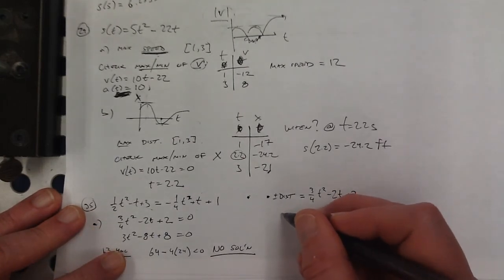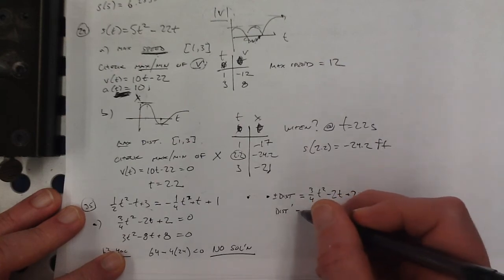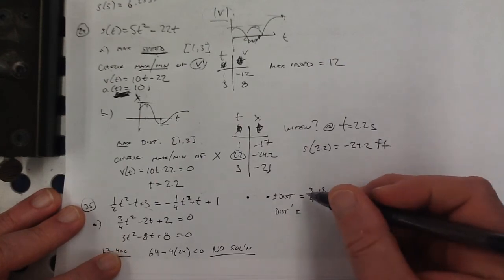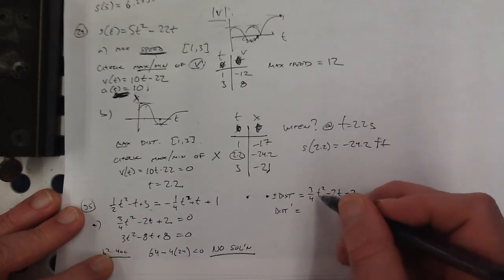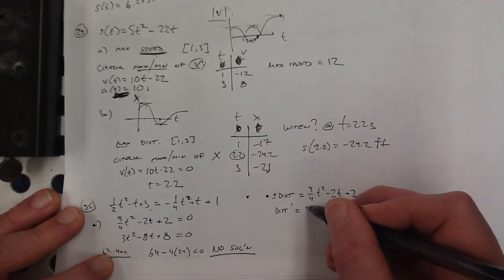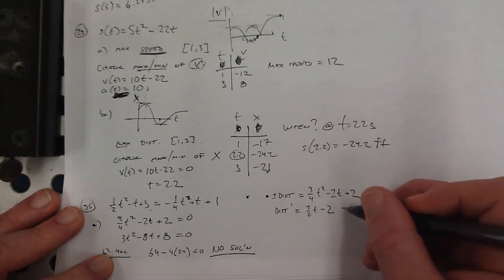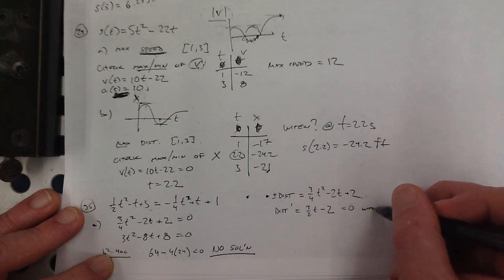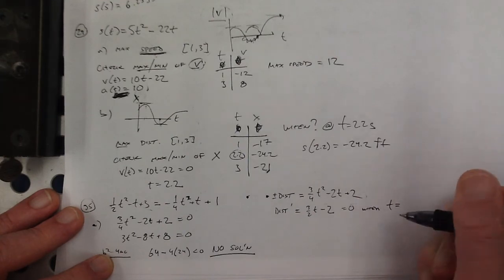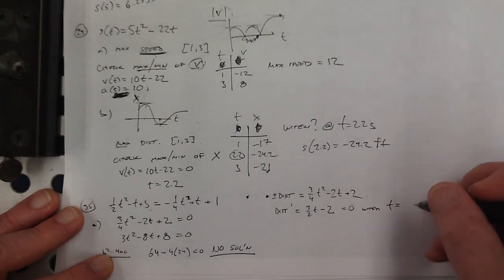So the distance between them at a minimum. So let's see, that would be 3/2 t minus 2, and that's equal to 0 when t is equal to 4/3.